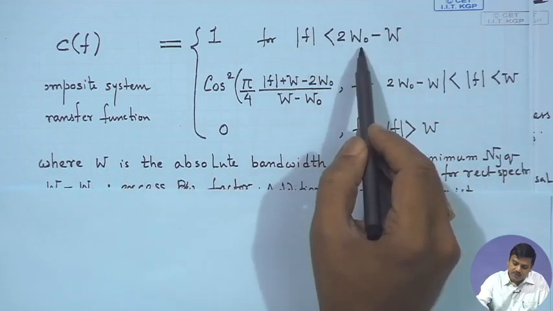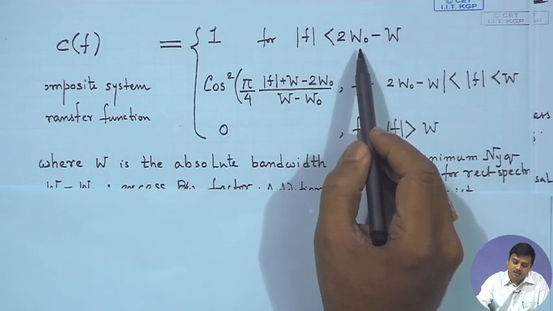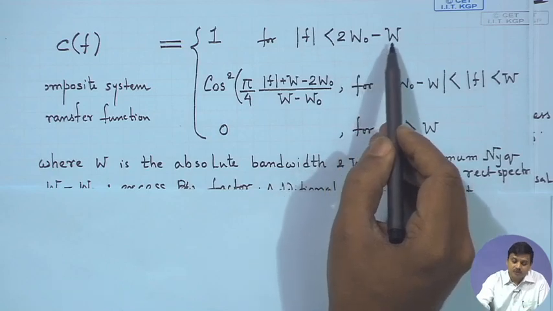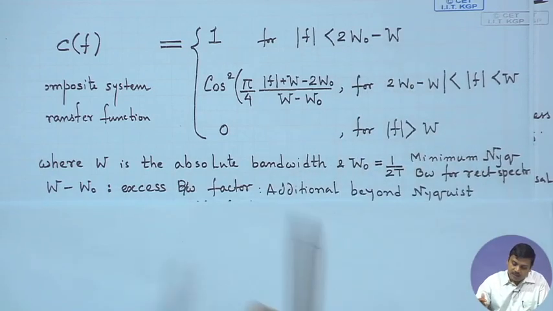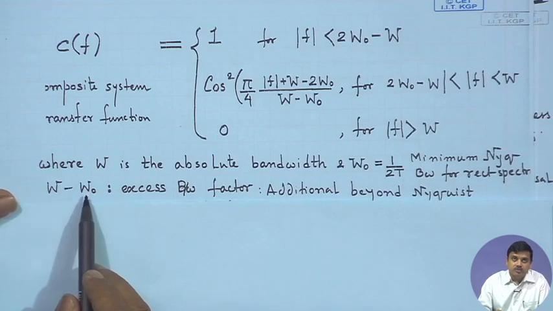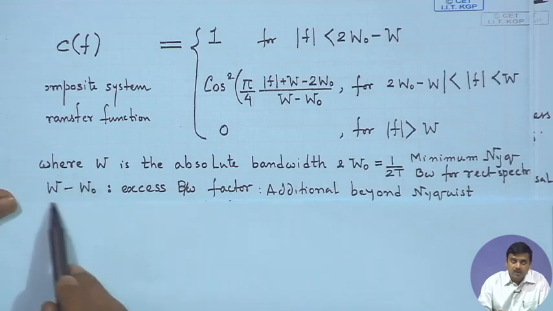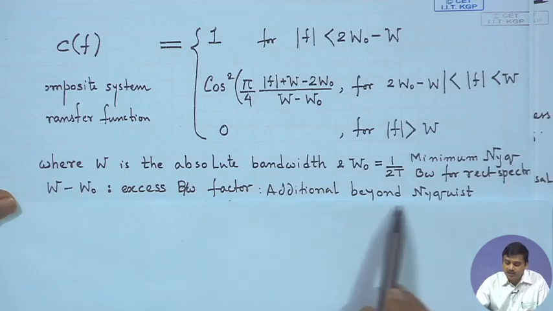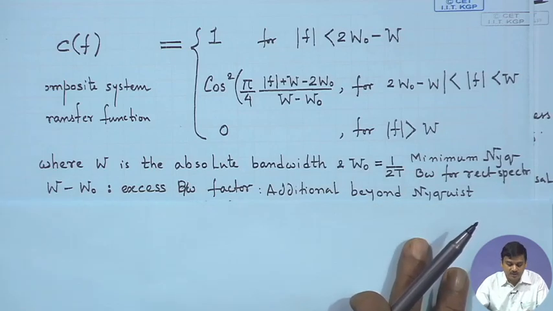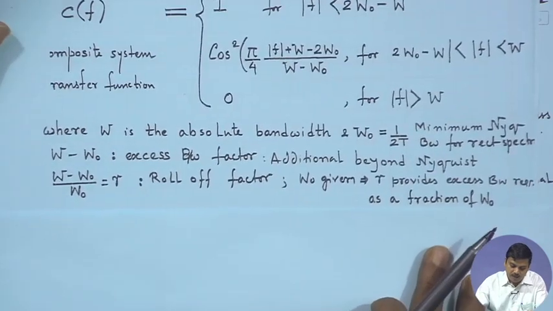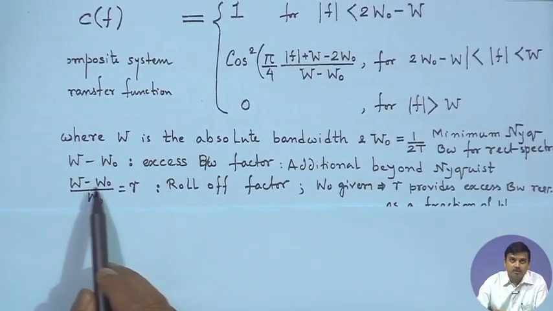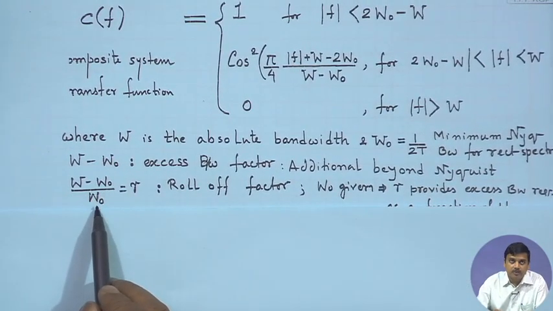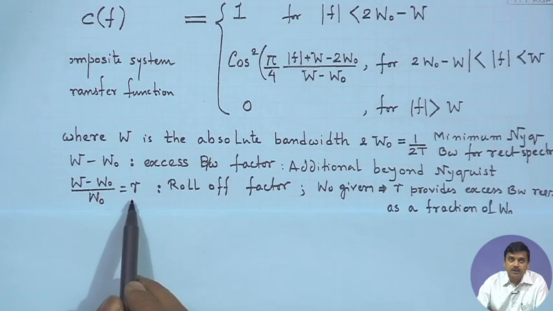So, in these expressions W 0 to be used is 1 upon 2 t and W is something which is given, and W minus W 0, this particular value is the excess bandwidth, that is the additional beyond Nyquist, and the ratio W minus W 0 upon W 0 is defined as the roll off factor.